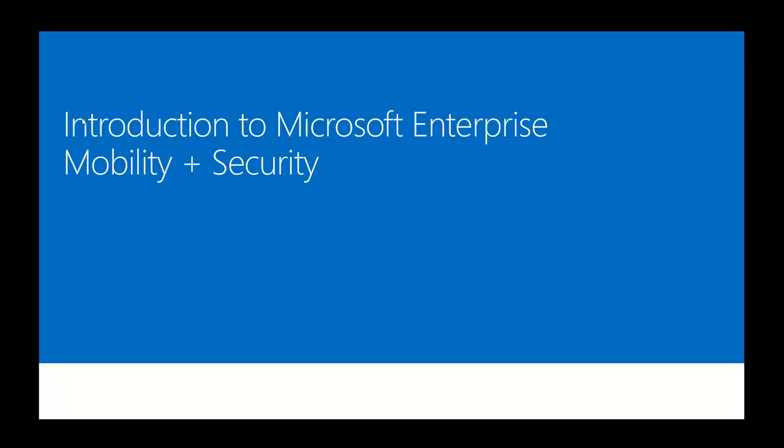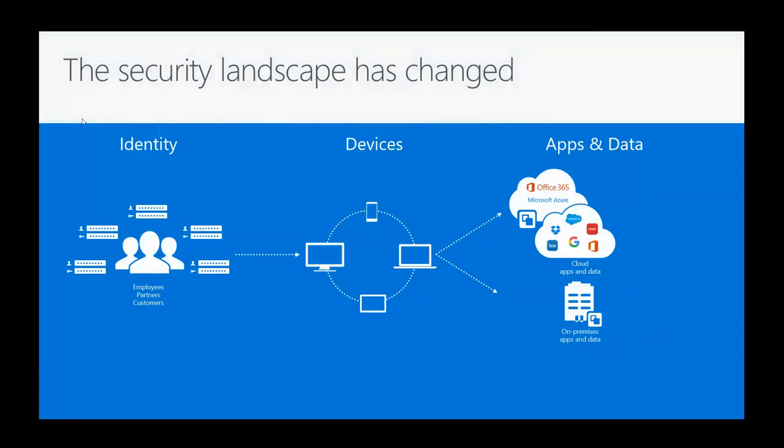So, when I talk about enterprise mobility and security, in today's date we would want to categorize the security landscape with three different verticals. One is identity, another one is the devices, and the last one is the application data. When I say identity, here I'm talking about my users who are going to access things over the cloud platform.